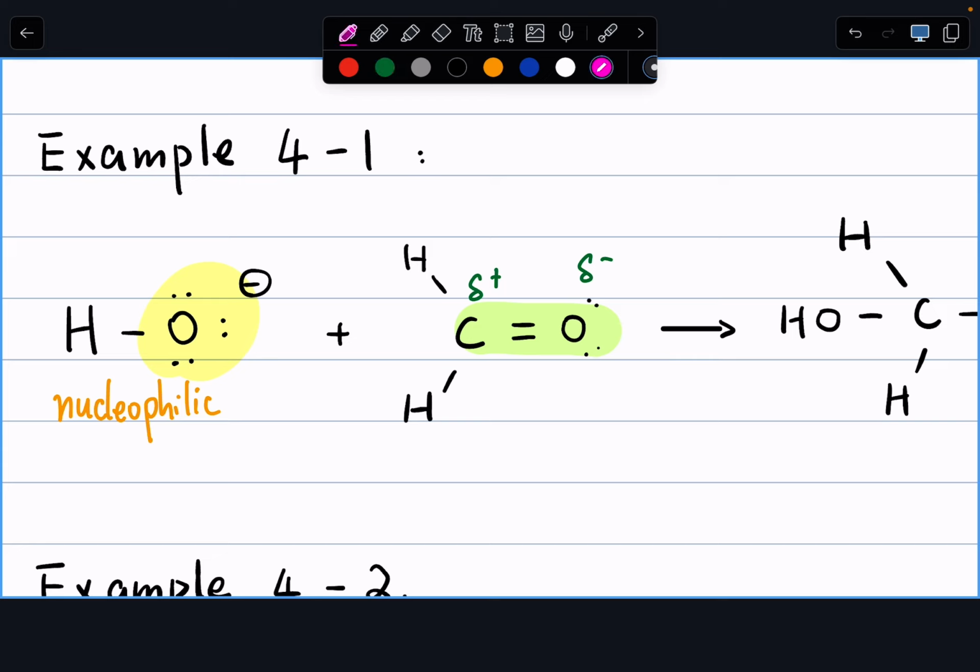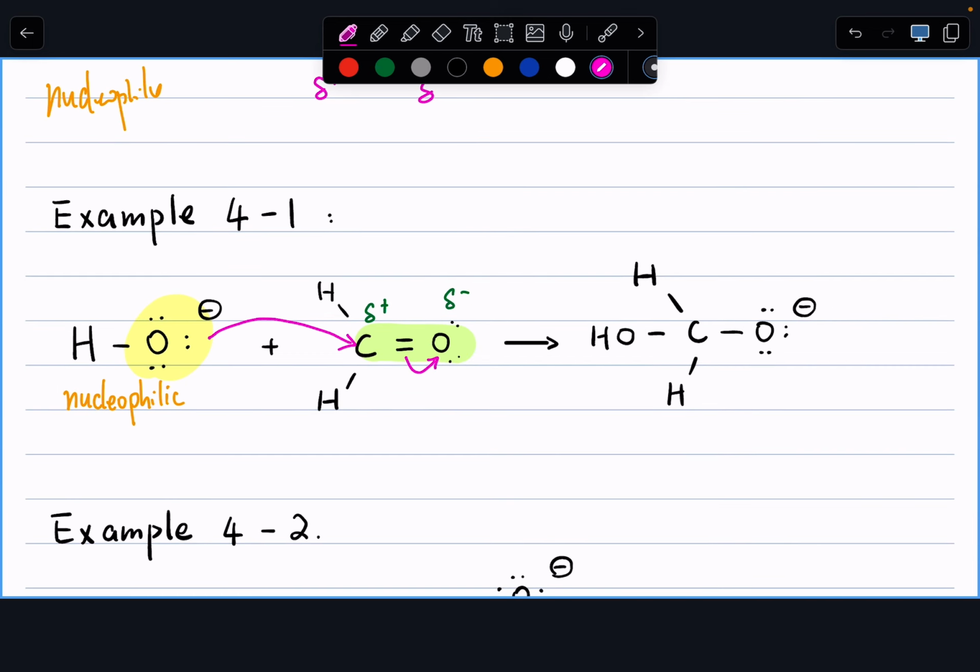So when pushing the electrons, we start from the anionic oxygen onto the electron positive carbon, and then the double bond gets moved onto the oxygen. What we end up getting, we're forming a new oxygen carbon bond, and this double bond is now reduced into a single bond.